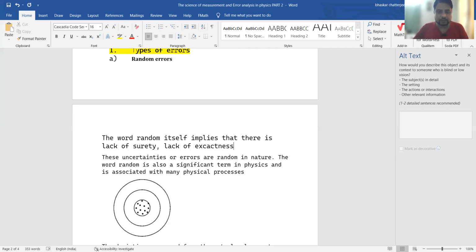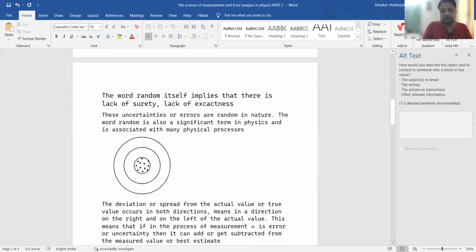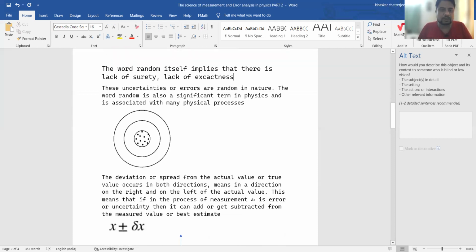The entire quantum mechanics, statistical mechanics, AC waves and oscillations, everywhere there is this word random, fluctuation and deviation. So let us learn about this random process or random error.